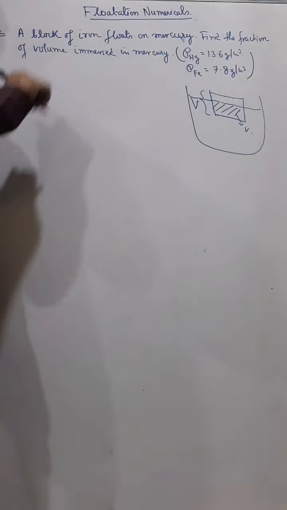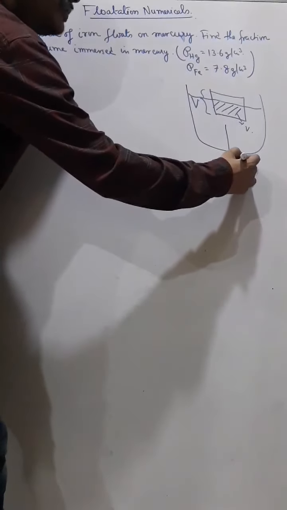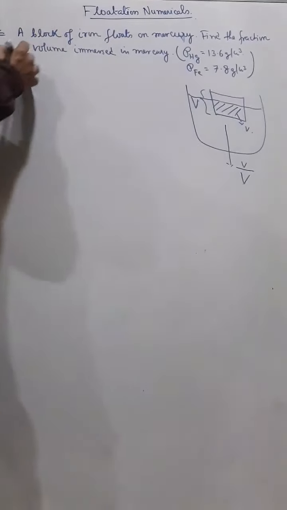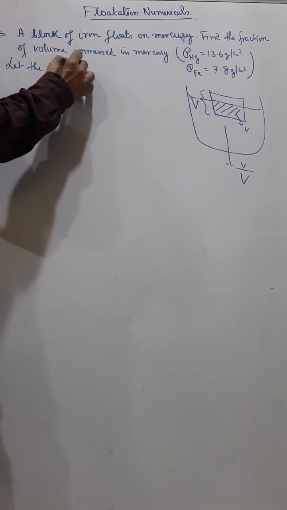Then ultimately what you have to find? You have to find the fraction of volume immersed in mercury. So I have to find v by V, is it not? Because this is the fraction immersed and this is the total volume, to get the fraction I need to find v by V.